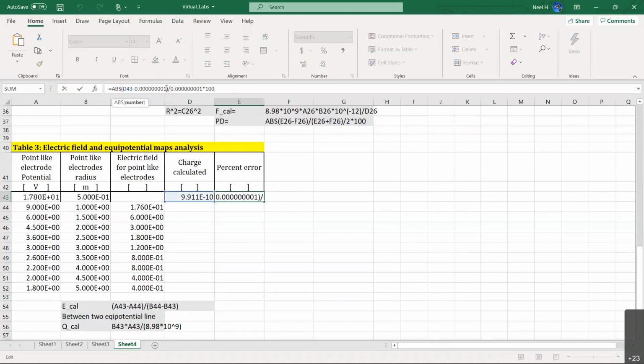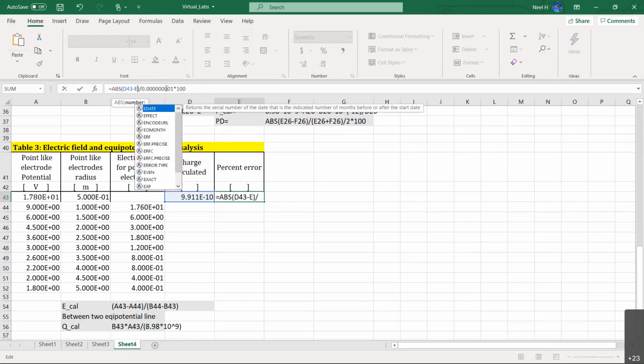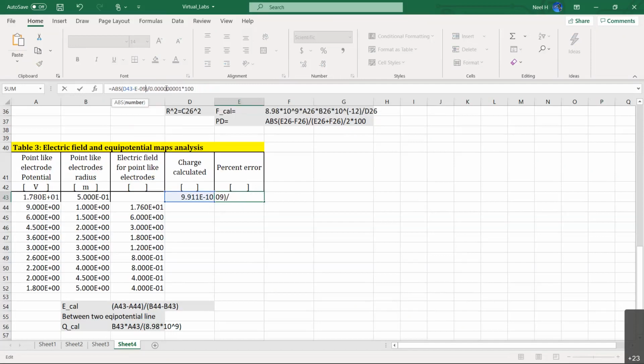You can just type it this way, that might be easier. 1E-9. So that will simplify that function a little bit. Let's take a look, there should be 0 here.